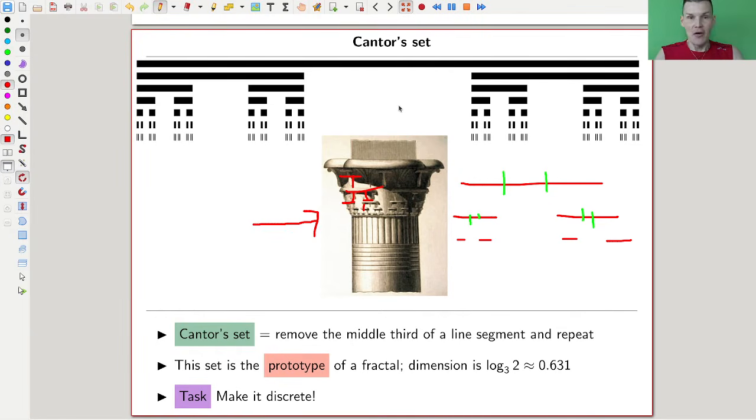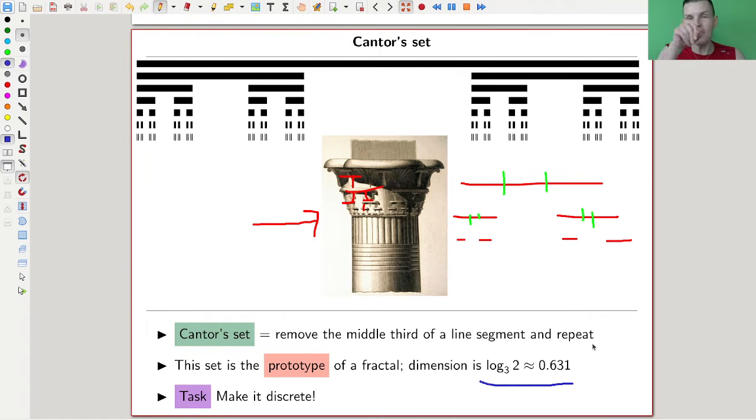This is really the prototypical example of a fractal, although it wasn't introduced as a fractal because the idea of fractals came later. The fractal dimension, the amount of self-similarity, of how much space it fills, is the number log_2 3.